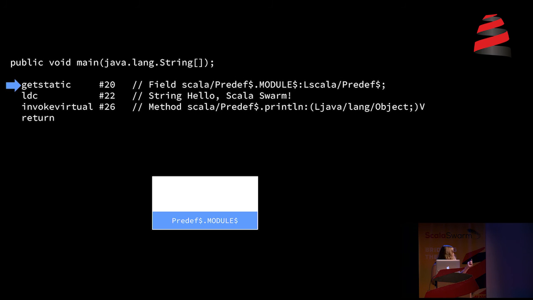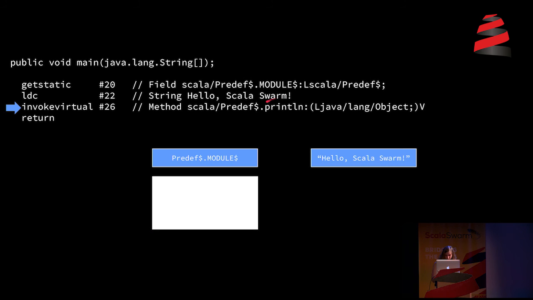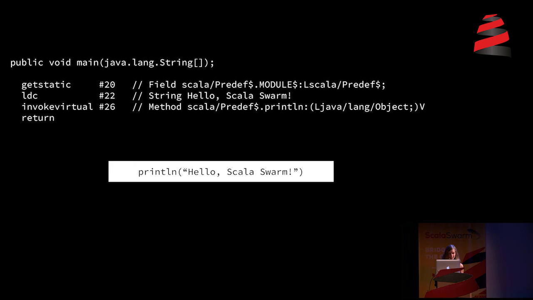And it is here, so we can use in a moment the println method. LDC pushes the string "hello Scala swarm" into the stack. invokevirtual pops the two elements and calls the println method of the Predef module with the second element, "hello Scala swarm", as argument. And that's it. So this is basically the code that's happening here.